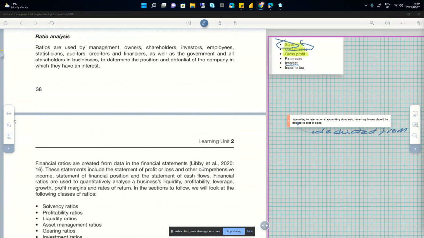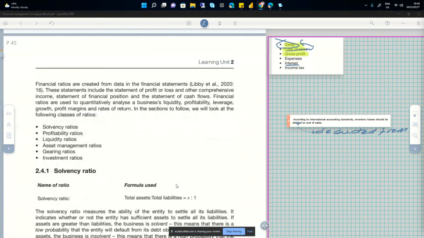Some ratios will be more interesting to some people, and others to others. As you can see, financial ratios are used to quantitatively analyze a business's liquidity, profitability, leverage, growth, profit margins, and rate of return.